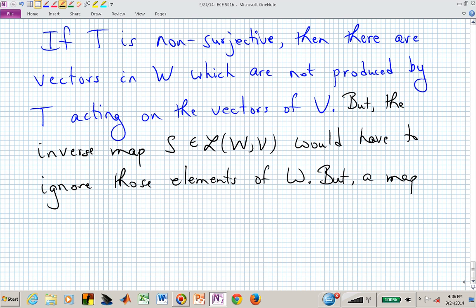A map acts on all elements of a vector space.